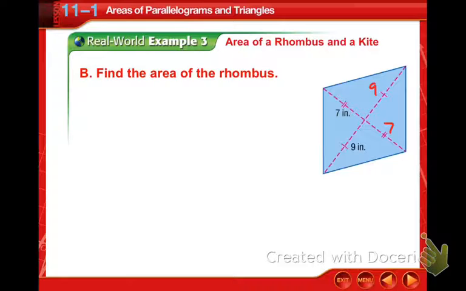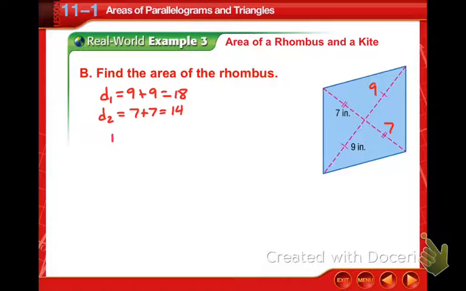So one diagonal is 9 plus 9, so 18. The other diagonal is 7 plus 7, so 14.